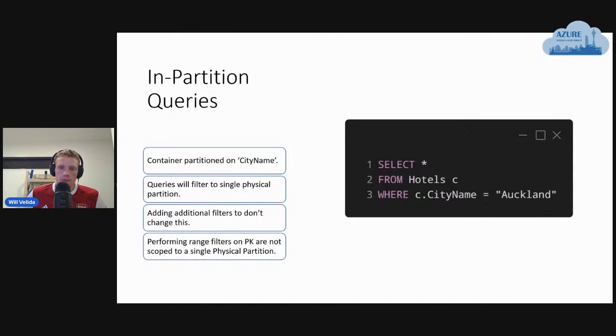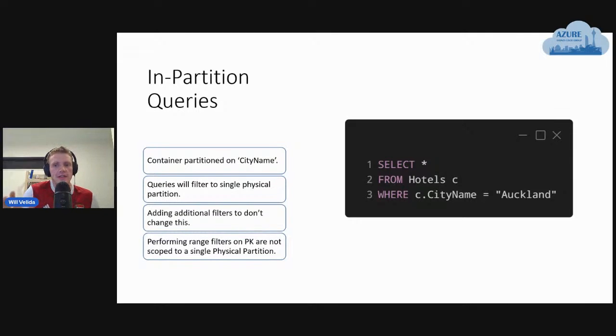We can actually help Cosmos DB optimize our queries by specifying our partition key as a filter. Taking our example of a hotel container, we perform this query selecting all the hotels where the city name is equal to Auckland. Under the hood, Cosmos DB will route this query to the physical partition that this partition key value is mapped to.